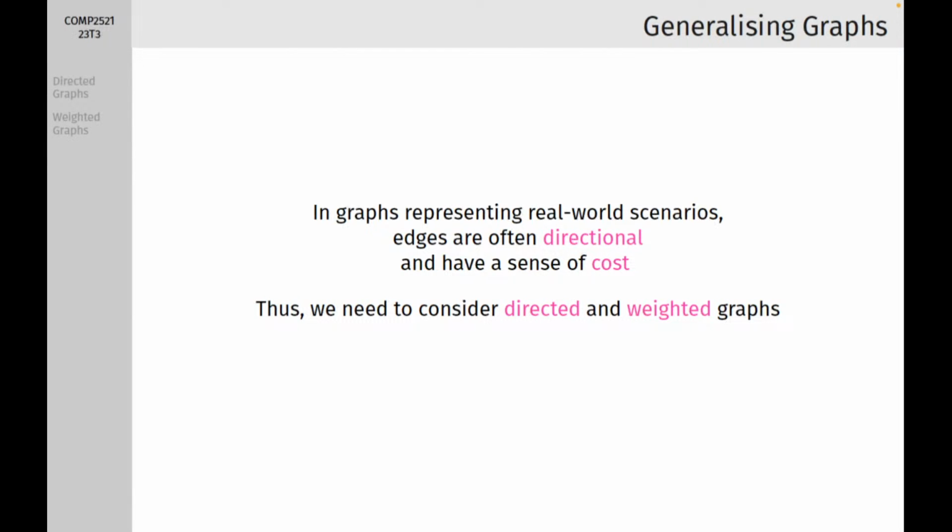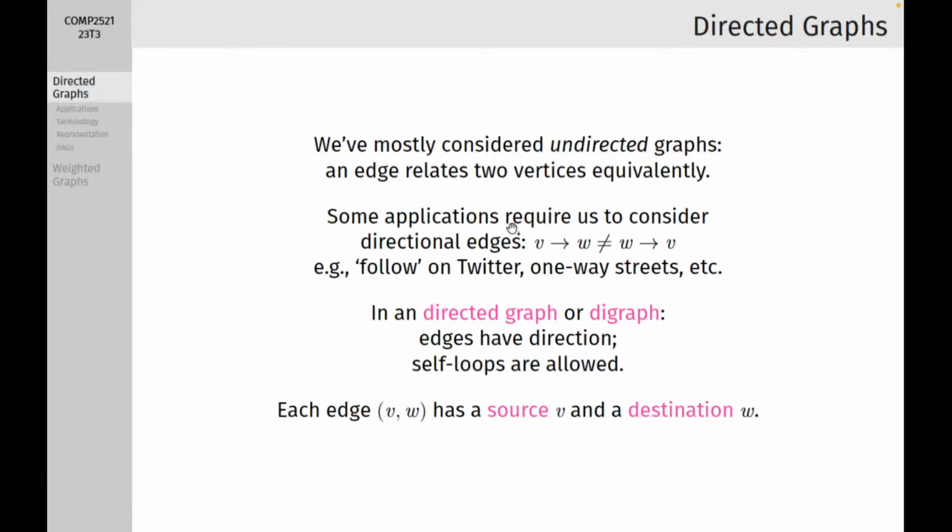A directed graph is a graph where edges have a direction, and a weighted graph is a graph where each edge has a weight, or a cost. Why do we need them? That's because in real-world scenarios, the edges are often directional and they often have a sense of cost. So we need to consider these kinds of graphs.